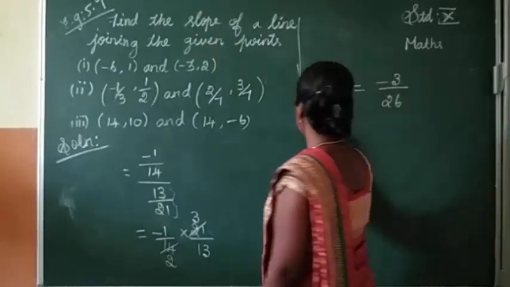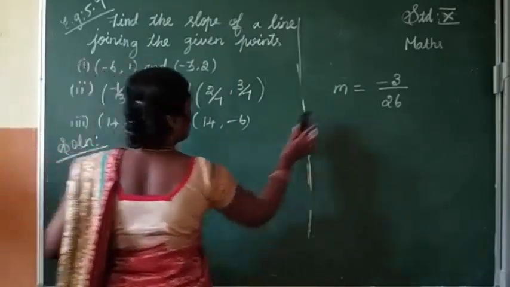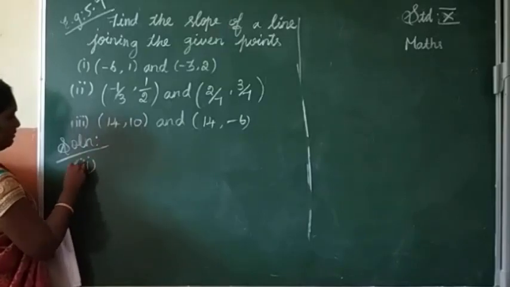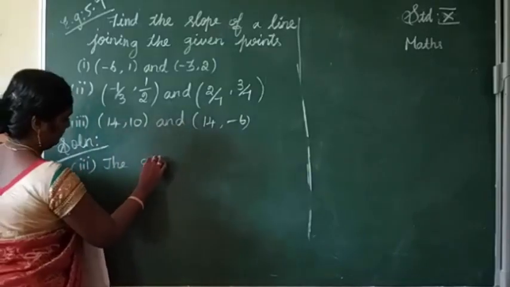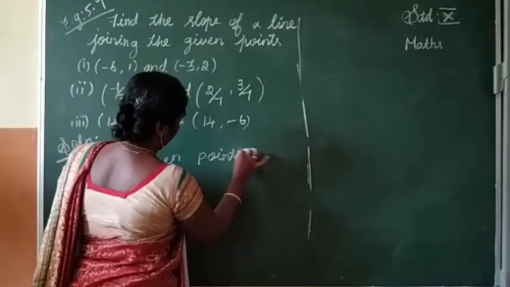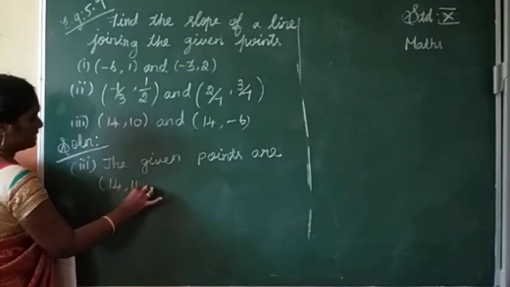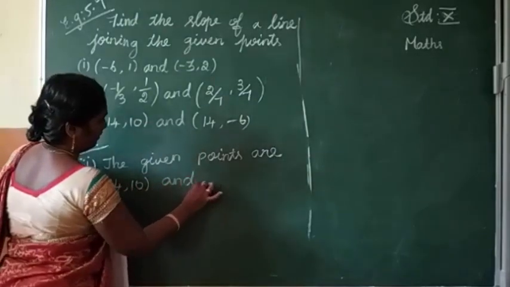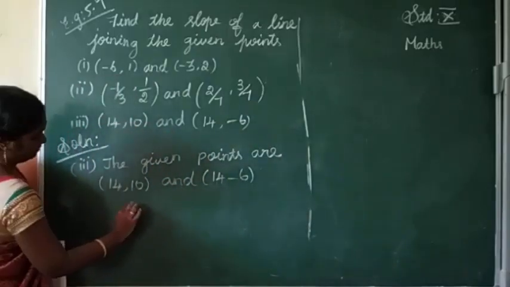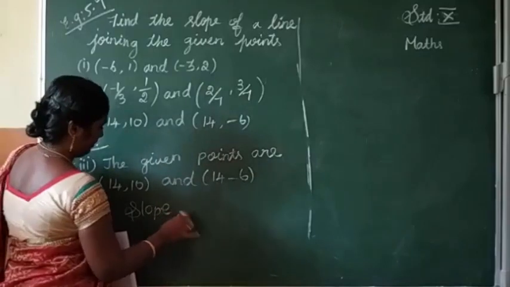And the third is, first mention the given points. The given points are 14, 10 and 14, minus 6. What is the formula for 2 points?